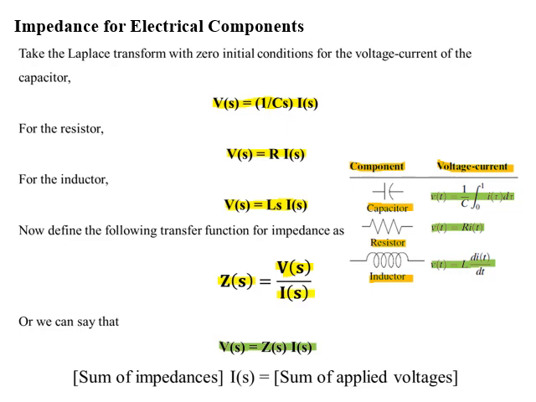So Z of s is equal to V of s over I of s. Or we can say that the sum of applied voltages is the sum of impedances multiplied by current passing through these components.